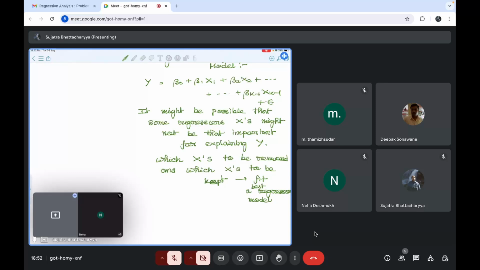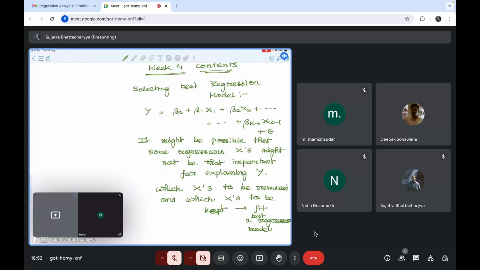All the regressors might not be that important in order to explain y. So which regressors we should keep and which we will not keep, that is selecting the best regression model based on certain criteria. We try to find out which regression model best explains y. Not all parameters are important. That is the key point here.